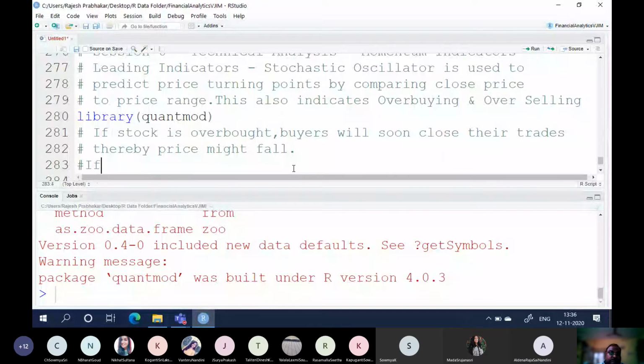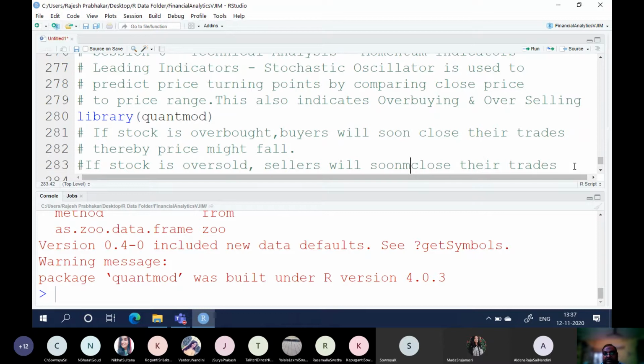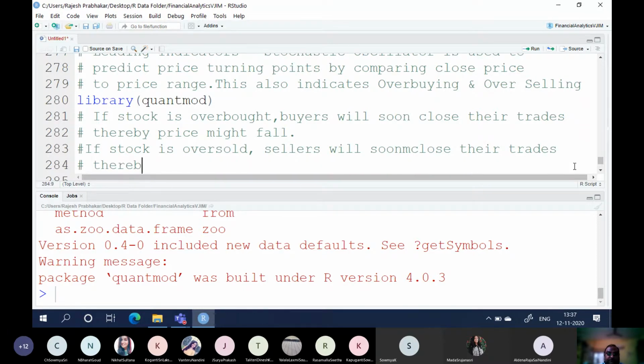Similarly, if a stock is oversold, then sellers will soon close their positions, close their trades, thereby the price might rise.